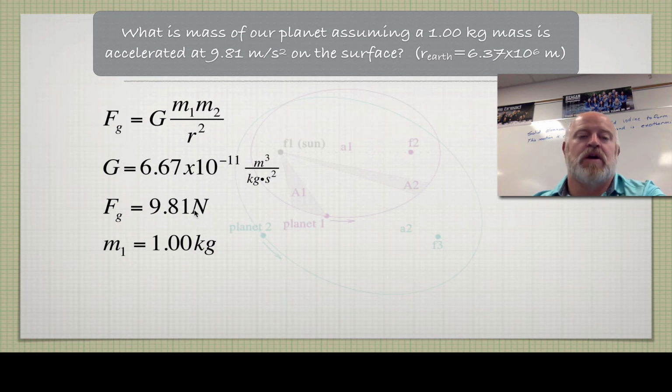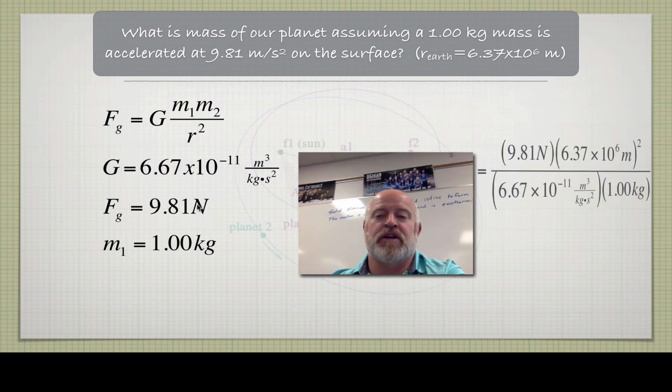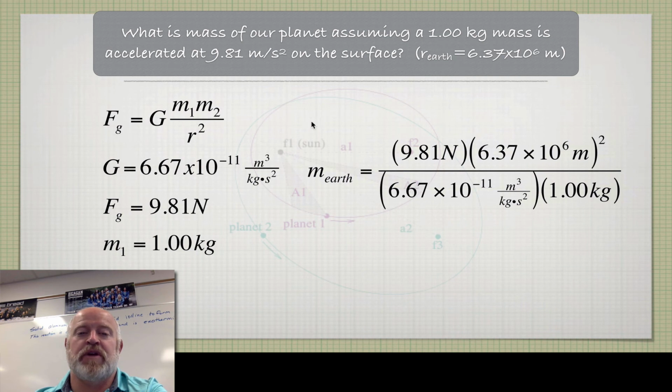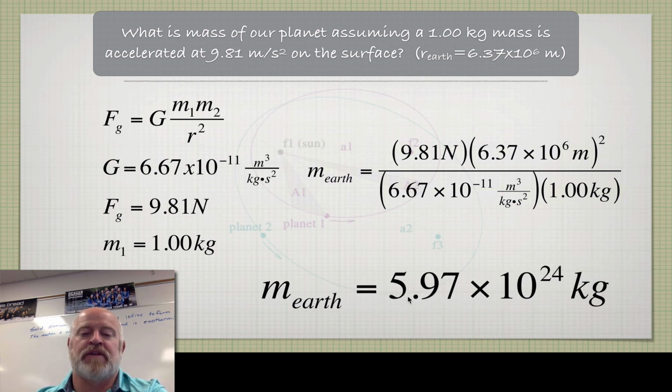Now that we have this, we can plug it into our equation. So rearranging this equation to solve for mass, we get the force times the radius squared divided by G divided by the mass of the object. Plug these in, and we come up with an answer of 5.97 times 10 to the 24th kilograms. So that's the mass of our planet.